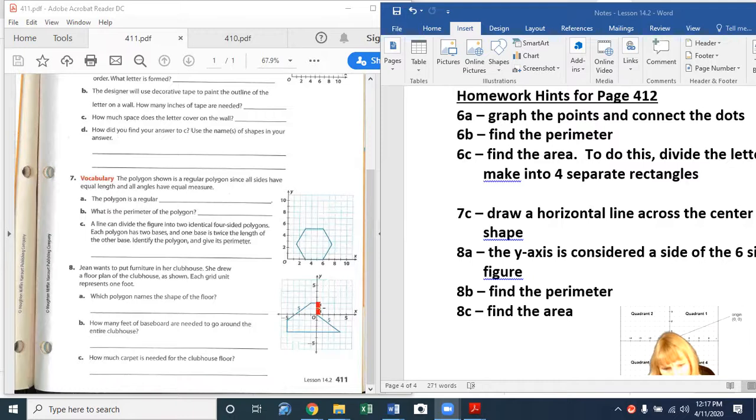Let's count. 1, 2, 3, 4, 5, 6. Yeah, 6-sided figure. It's not a regular polygon, but it is a 6-sided polygon of some sort. So what do you call a 6-sided polygon? So that's the question they're asking you. B is find the perimeter, and C is find the area.